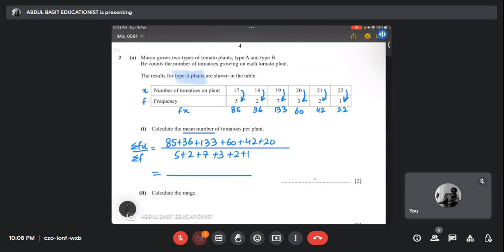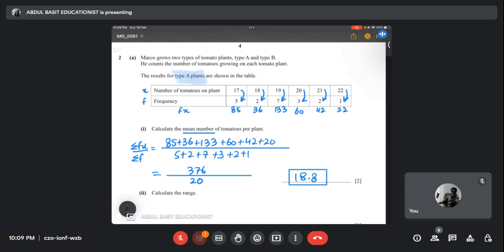The answer for the numerator is 376, and the denominator is 20. So 376 divided by 20 is 18.8. Right everybody, is it understood?